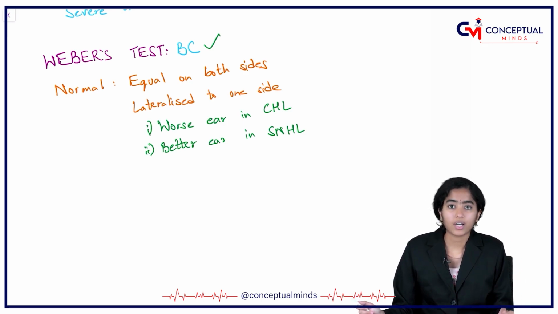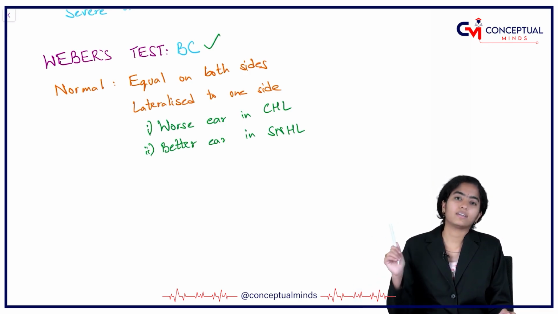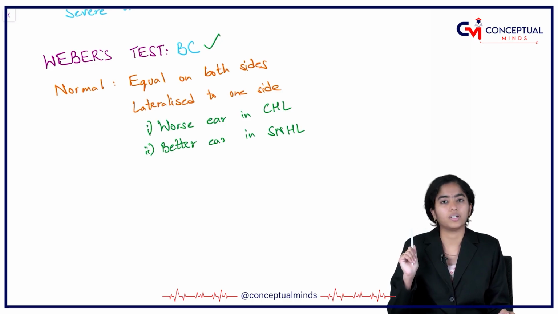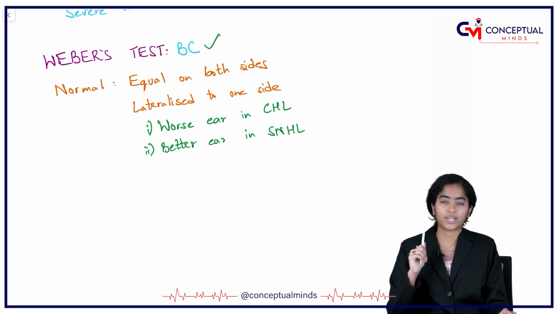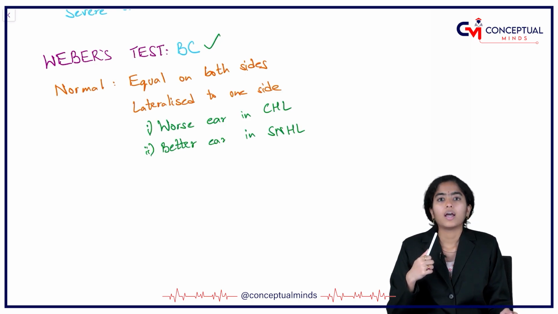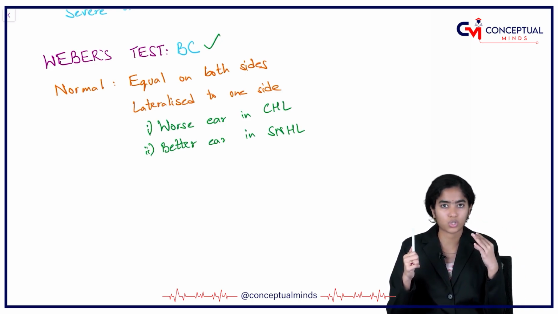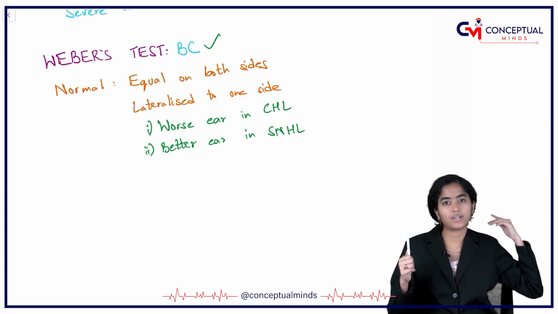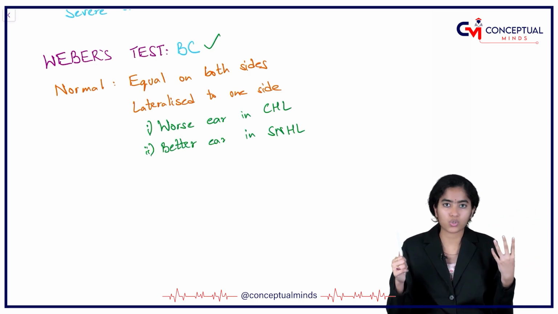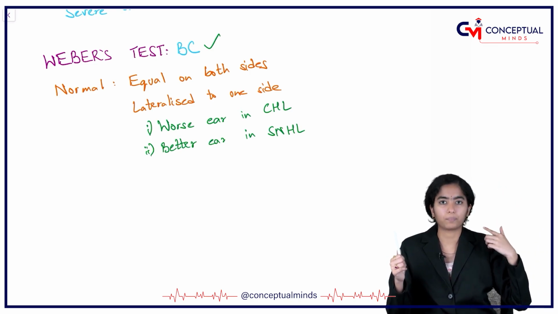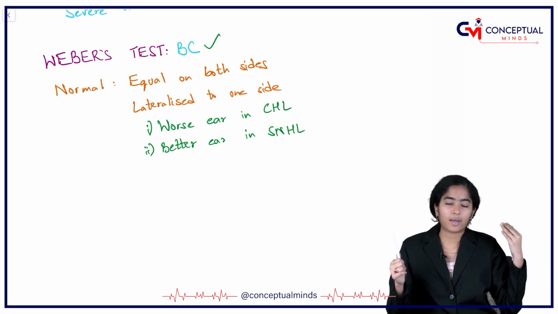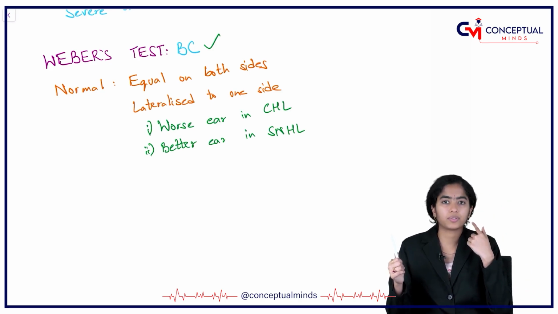So the patient says, I am able to hear better on the better side. This is clear: in sensorineural hearing loss, the sound goes to the better side. Suppose the patient is having conductive type of hearing loss in one ear and we are checking for bone conduction. In the normal ear, conduction is good and the sensorineural component is also good, so the patient is able to hear some external ambient sounds while we are checking with the tuning fork. These external ambient sounds will dampen the direct sound coming from the tuning fork.